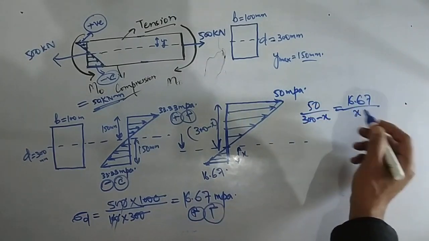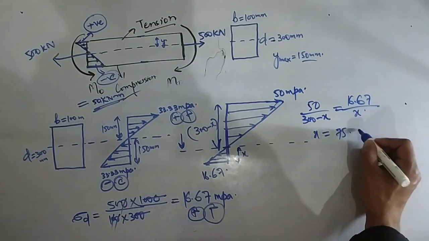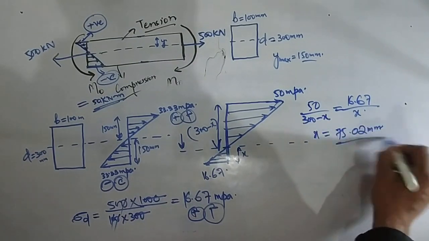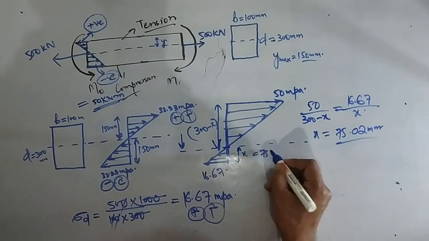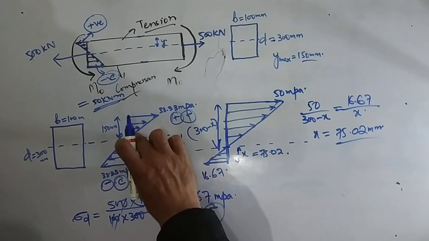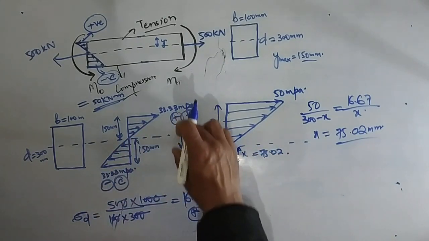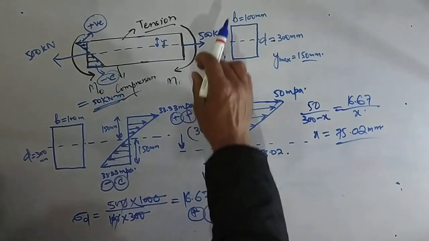While calculating it, I'll get the value of x equal to 75.02 mm. Initially it was located 150 mm away from the base. Now it's 75.02, so it has moved almost 75 mm downwards due to this load only.